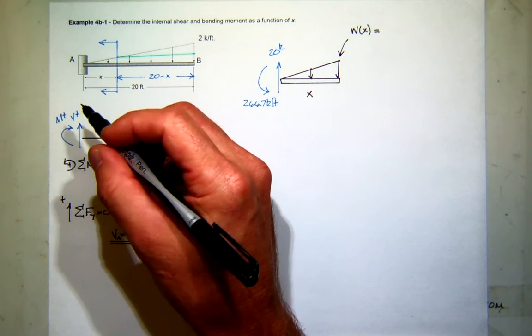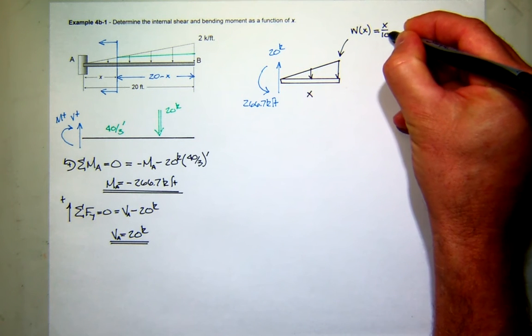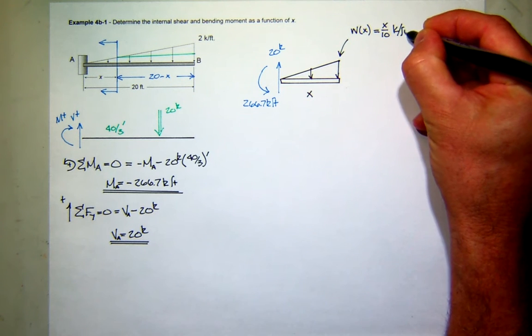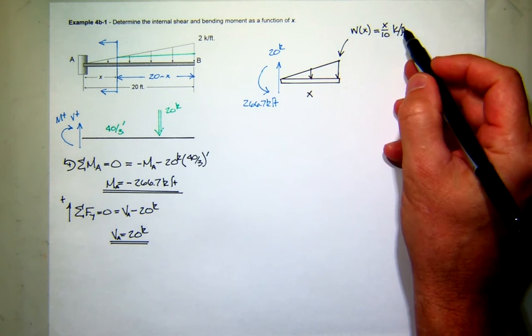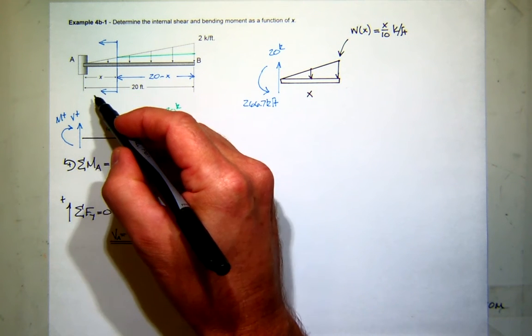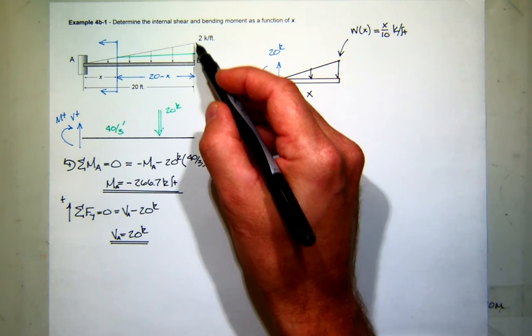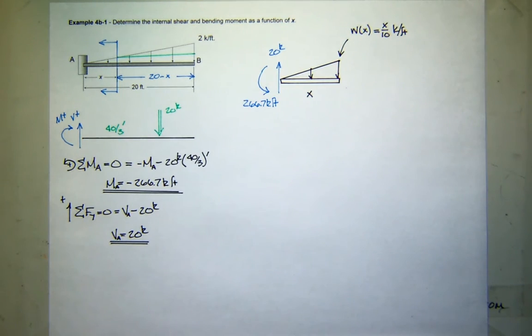So it should be x over 10, and that should have the units of kips per foot. Now, does that work? When x is 0, what does this equation predict the load is? 0. And x equals 0 it is. When x is 20, my equation predicts 20 divided by 10, which is 2. So it works. So far, so good?